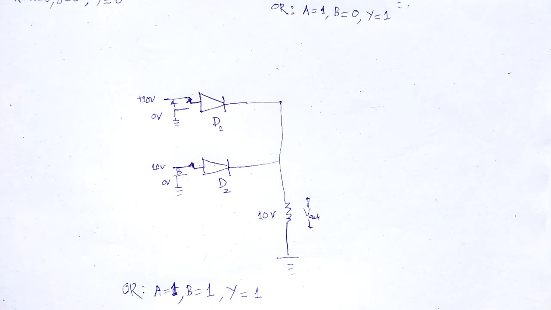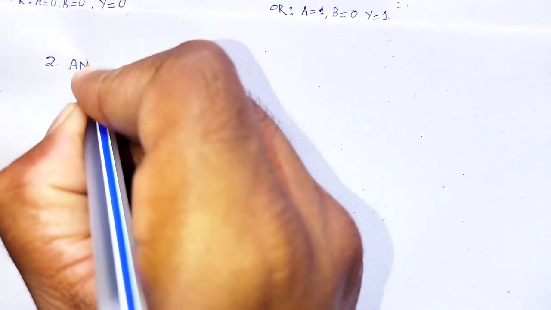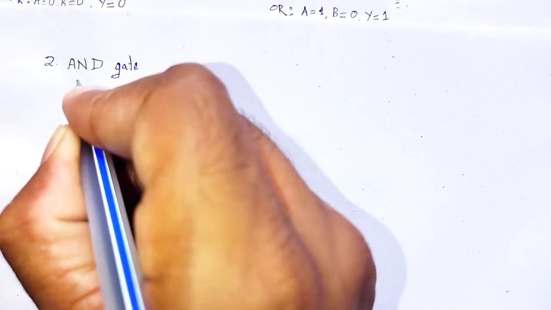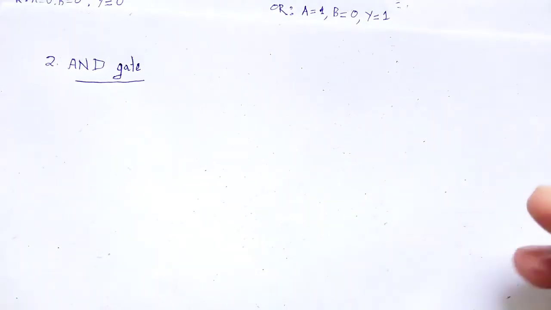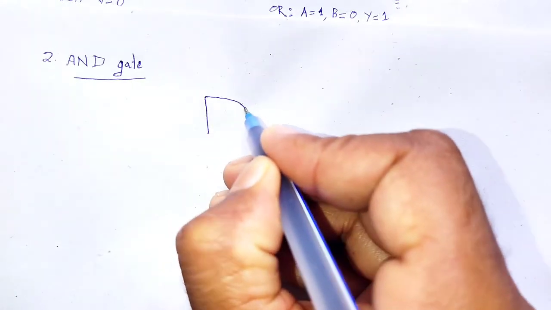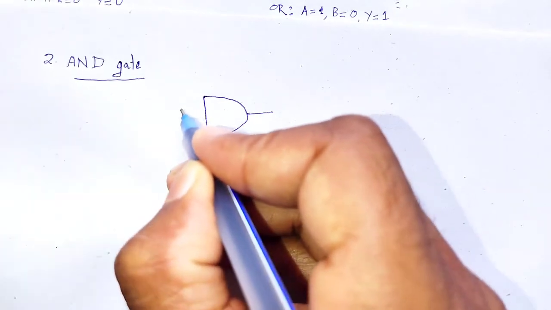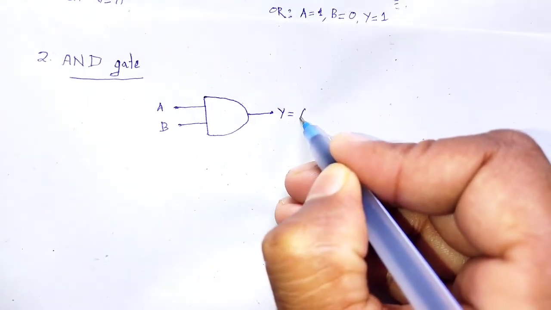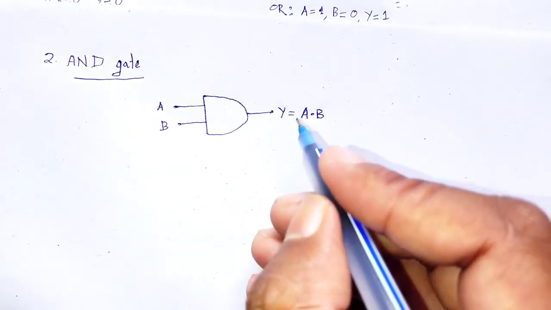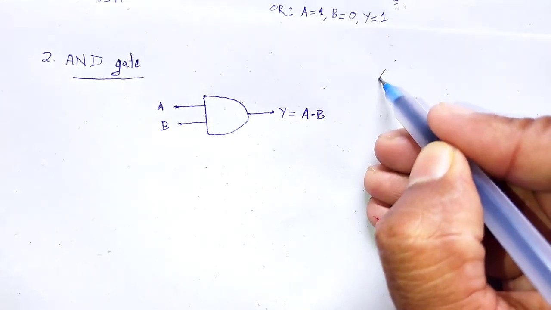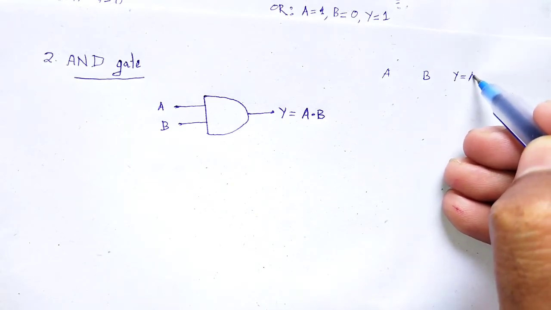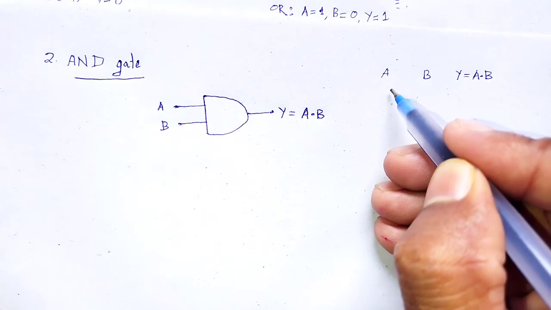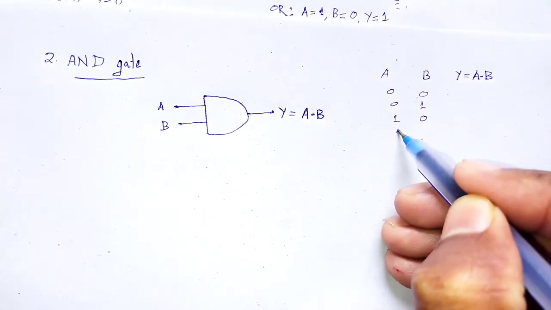By taking diodes into our consideration. For the AND gate, the symbol of the AND gate has two inputs A and B, and output Y is equal to A dot B, read as A and B. In the truth table, A, B, Y is equal to A and B. Possible situations are 0 0, 0 1, 1 0, 1 1.